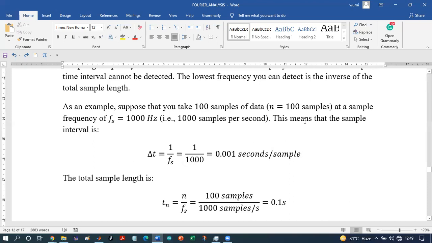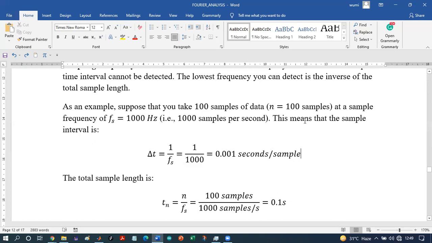The sample length is given by n times 1/fs.